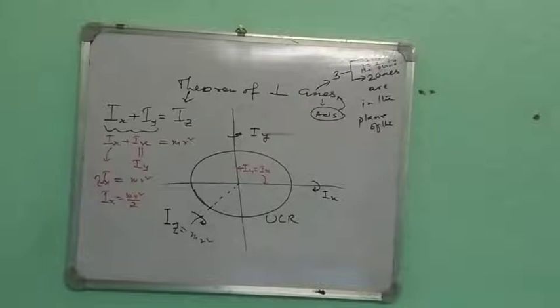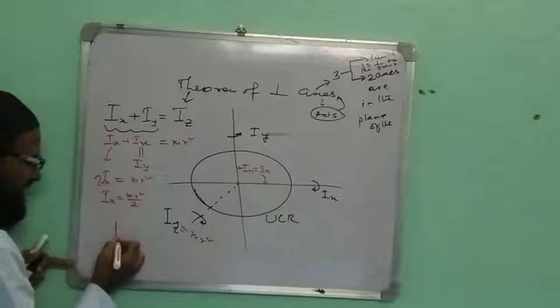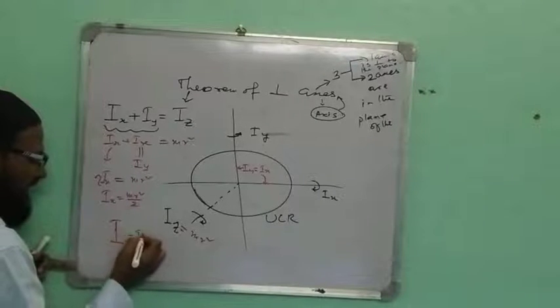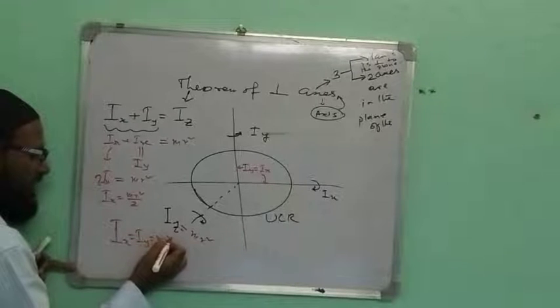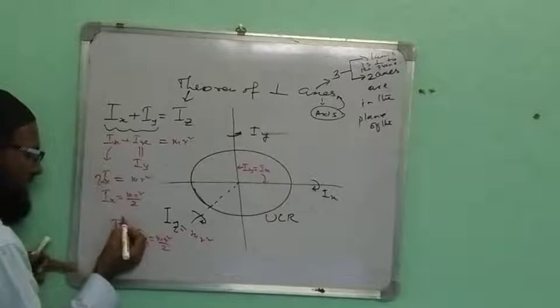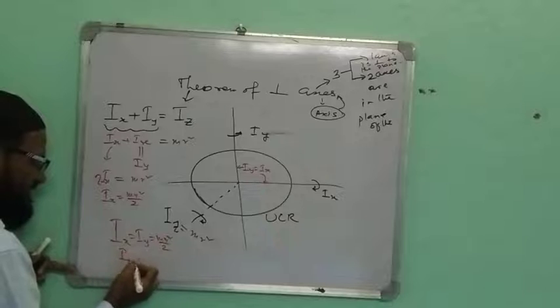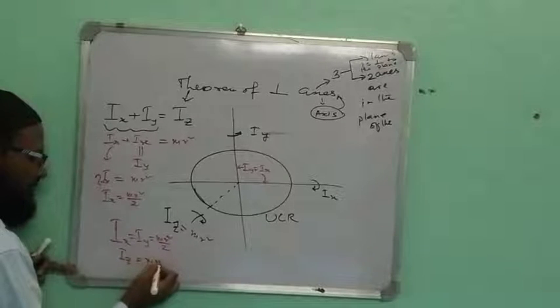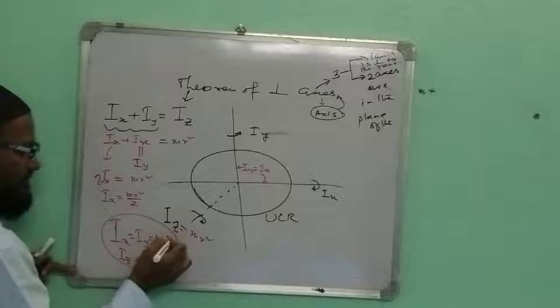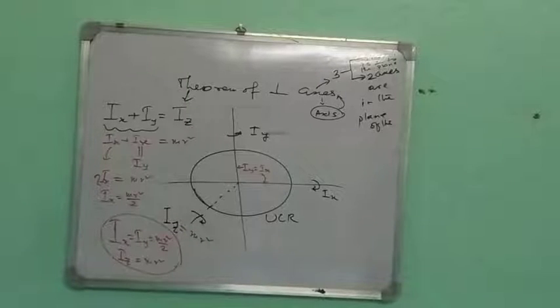So what is the answer? Ix and Iy equal mr square by 2, but Iz in this case is mr square. Please write down. Is it clear? Okay.